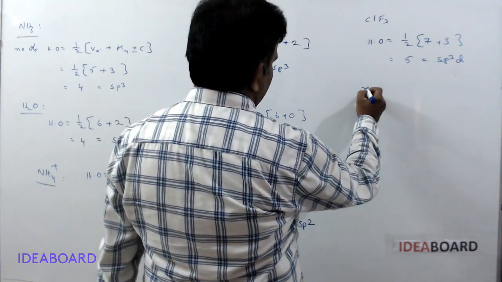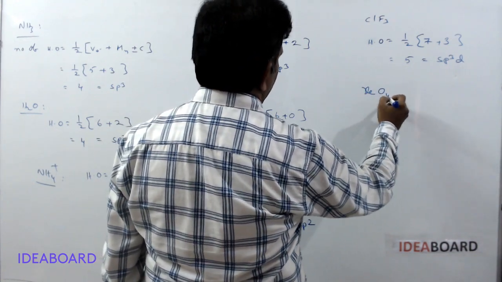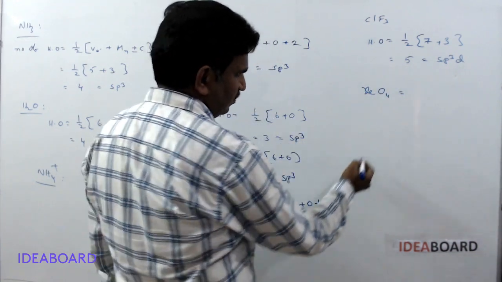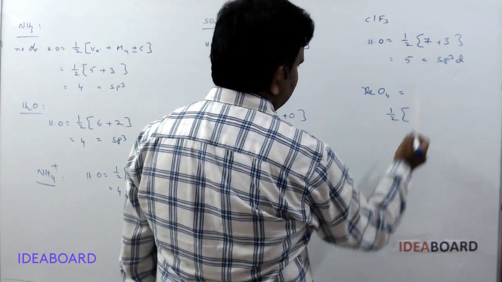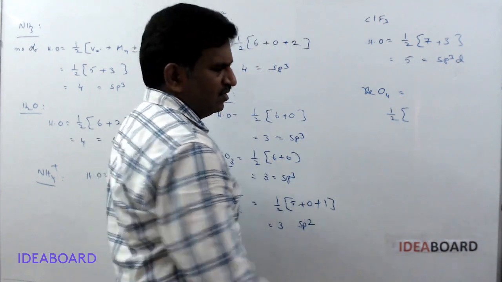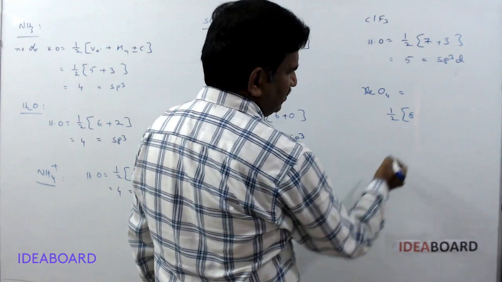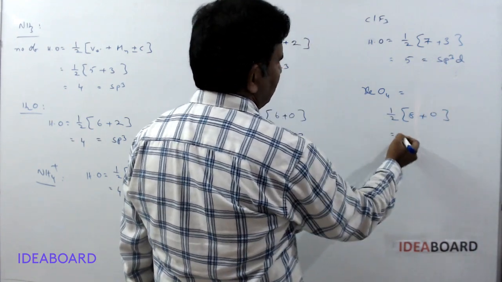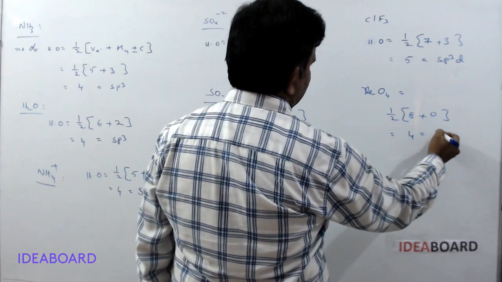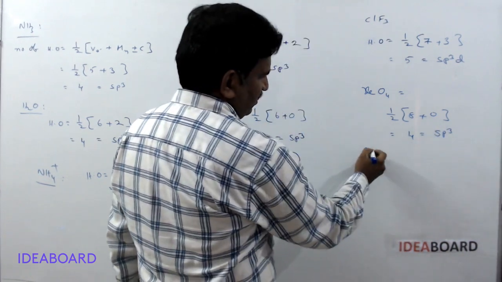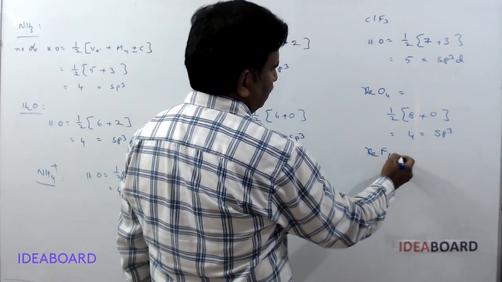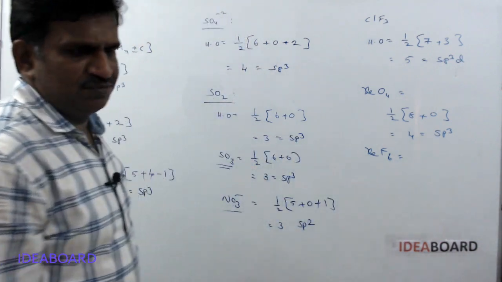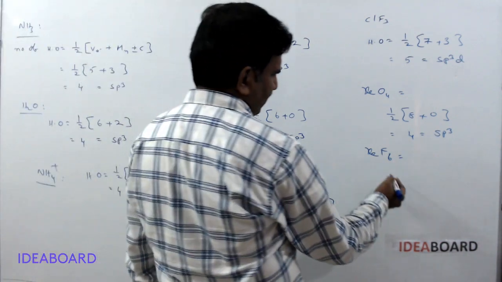Okay, and similarly XeO4 or XeO3, for example. Here half into, xenon is an 8th group element, valence electrons 8, plus monovalent atoms 0. So 8 by 2 means 4. It is sp3. XeF6 is there. XeF6 molecule, xenon hexafluoride.